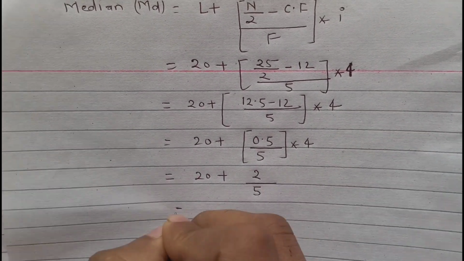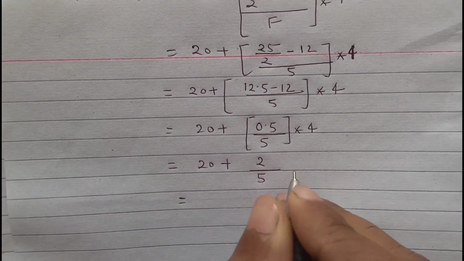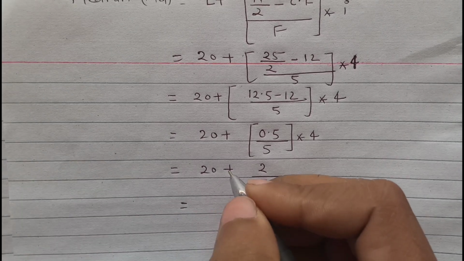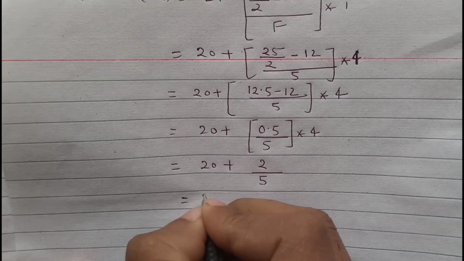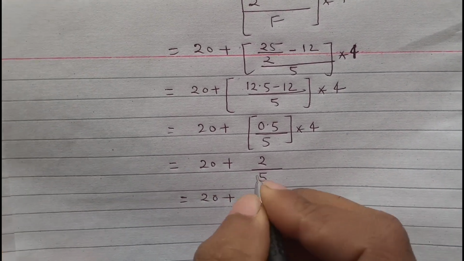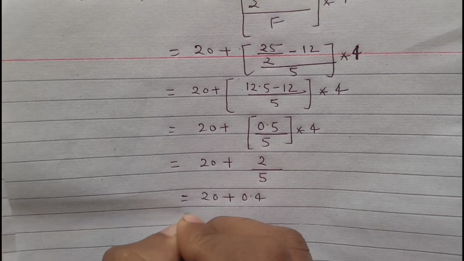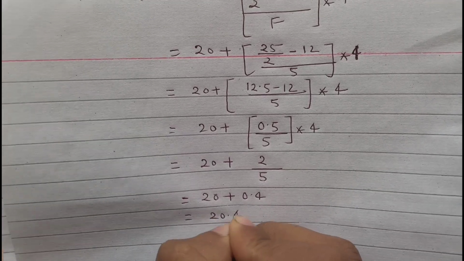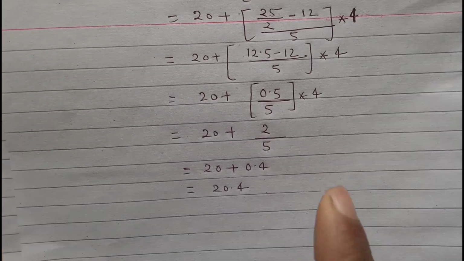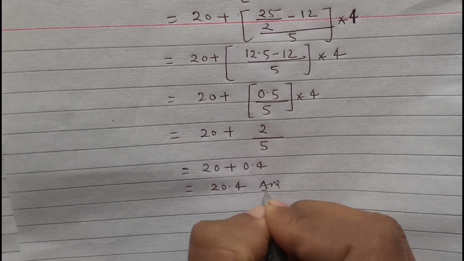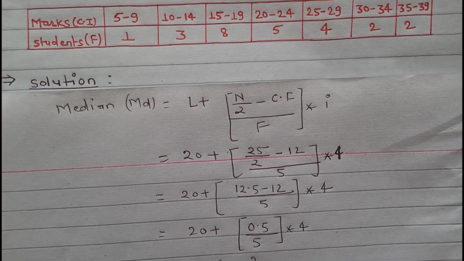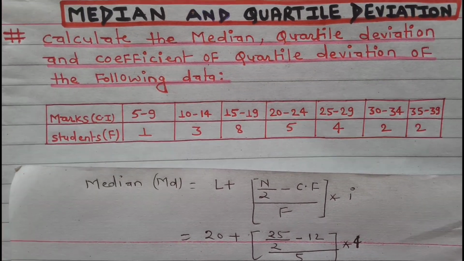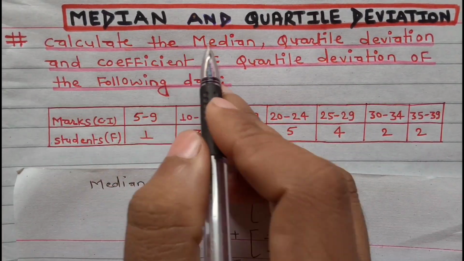Solving, we get this from the calculator or solve with your hand. 2 divided by 5 is 0.4, so 20 plus 0.4. The answer is 20.4. This will be the median answer. So we already found the median from this table. Median is completed.